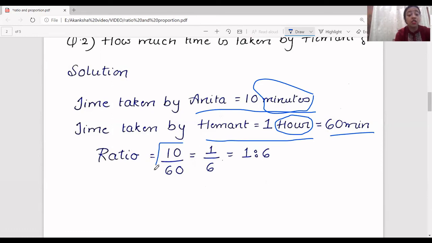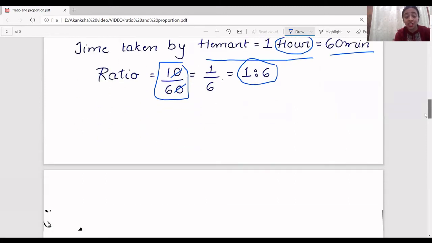Now, the ratio is 10 is to 60, right? 10 minutes is to 60 minutes. You can write it as 10 divided by 60, which can be further simplified as 1 by 6. So 1 is to 6 is the ratio of time taken by Anita and Hemant to reach the school. This is the first question that I've discussed.